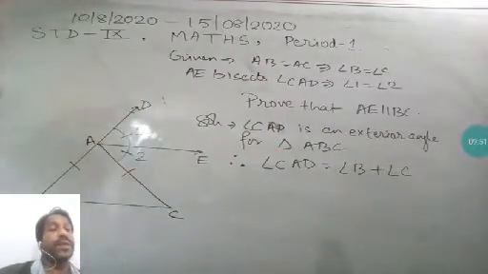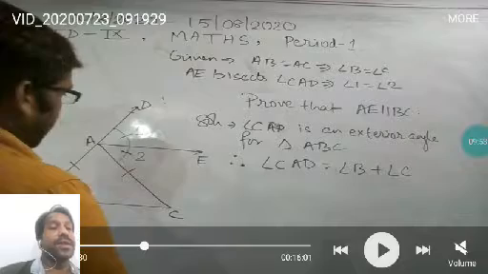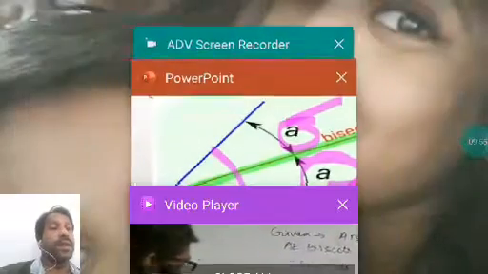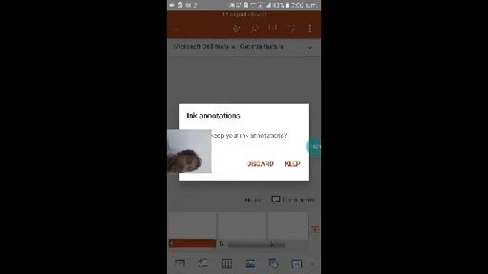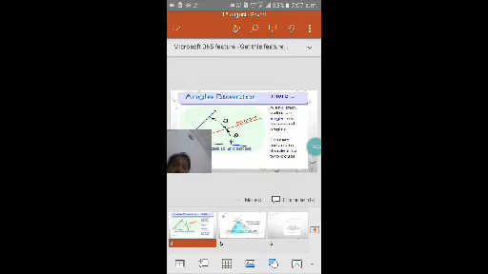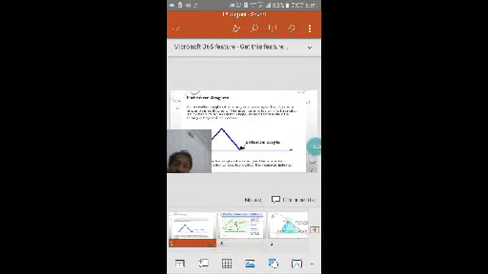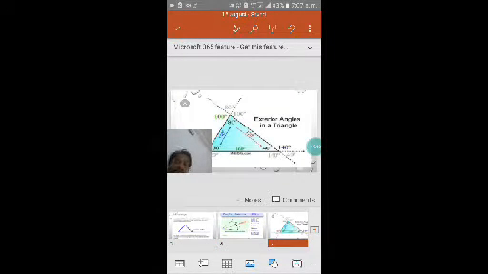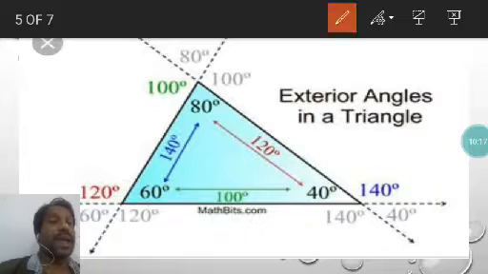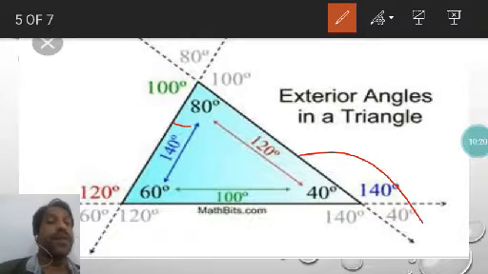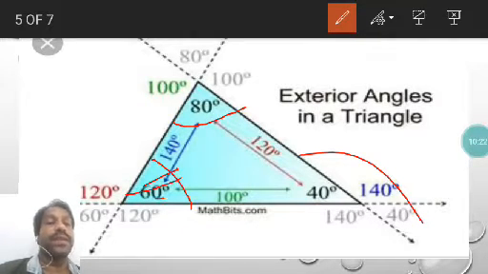Why? Because we know from the slide I explained, that the exterior angle means the sum of the interior opposite angles, remote interior angles.